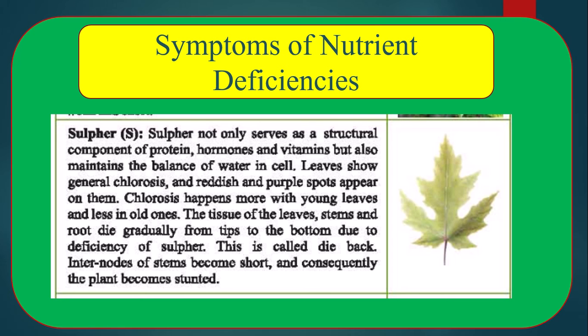The tissue of the leaves, stems and roots die gradually from tips to the bottom due to deficiency of sulfur. This is called dieback disease. Internodes of stems become short and consequently the plant becomes stunted.